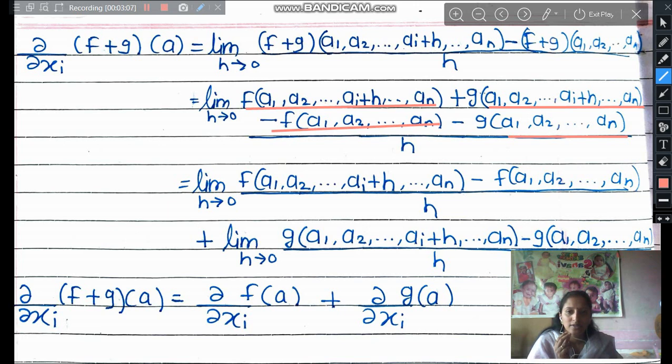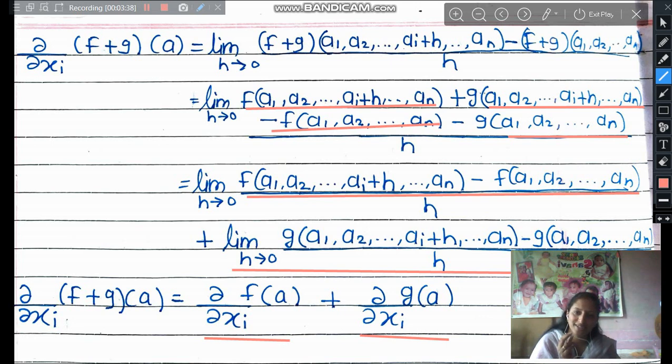Now separating the limit, taking f of (a1, a2, up to ai plus h, up to an) minus f of (a1, a2, up to an) upon h in the first limit, as h tends to 0, the function g will be taken in another limit. The limit as h tends to 0 of [f(a1, a2, up to ai plus h, up to an) minus f(a1, a2, up to an)] upon h is the definition of ∂f/∂xi at a, and the second limit is the definition of ∂g/∂xi at a.